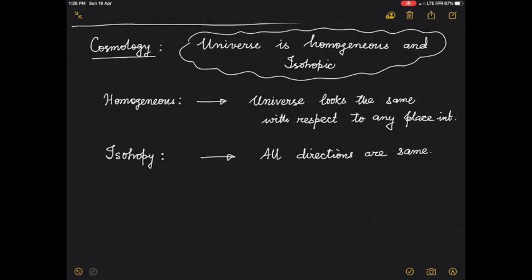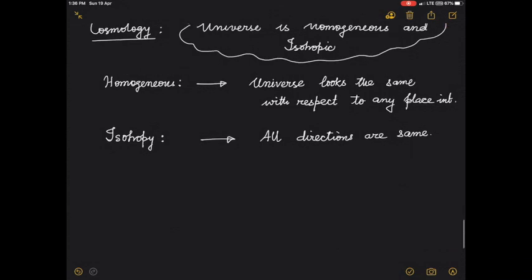It does not care about which direction you are looking at. We have already used that because we are considering only radial light rays. We are not even talking about theta and phi. Anyway, these are the two assumptions that the cosmological principle takes: that the universe is homogeneous and isotropic in any direction you look at.